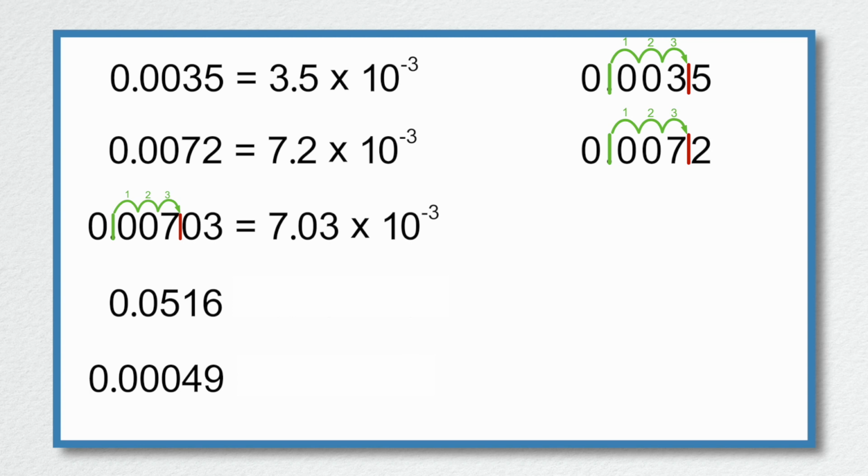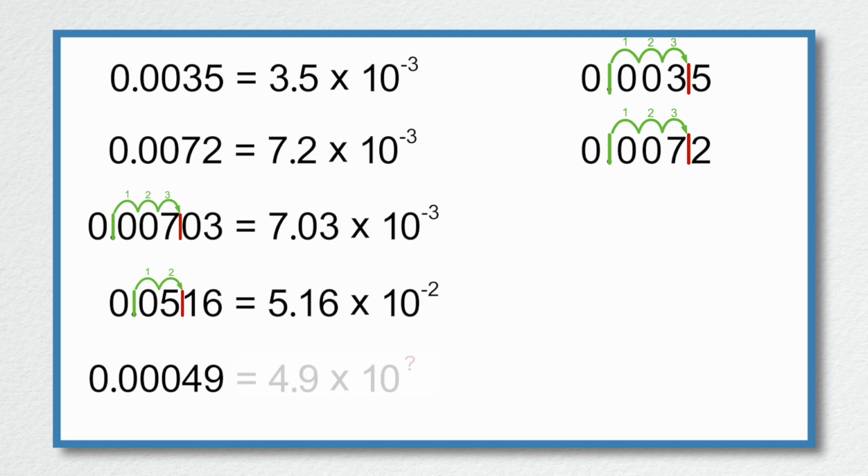0.0516. We're going to end up with 5.16 multiplied by 10 to the power of something. And that something, well, here's the cutoff point and here's the decimal point. We count the number of moves. Well, that's 1, 2. So the answer is 5.16 multiplied by 10 to the power of minus 2. And finally, 0.00049.